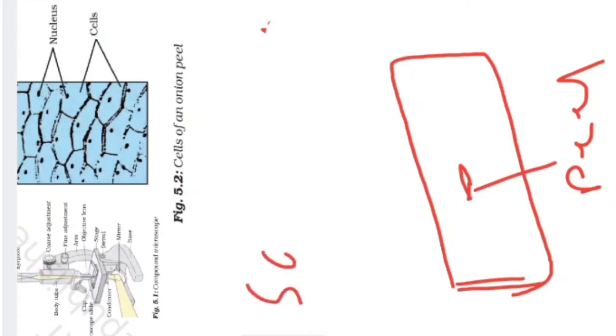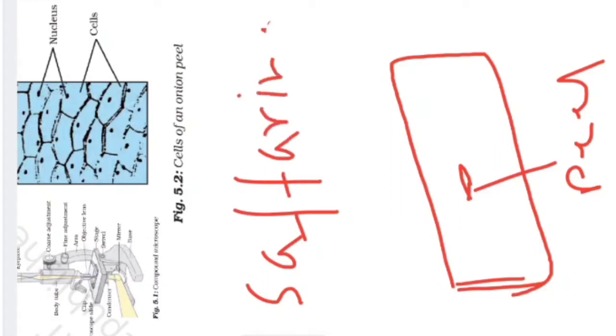Saffranin, saffranin stain. Saffranin stain is used to stain, or staining means giving the color, isn't it? It is used for giving color, so that you can observe each and every part of the cells, isn't it?